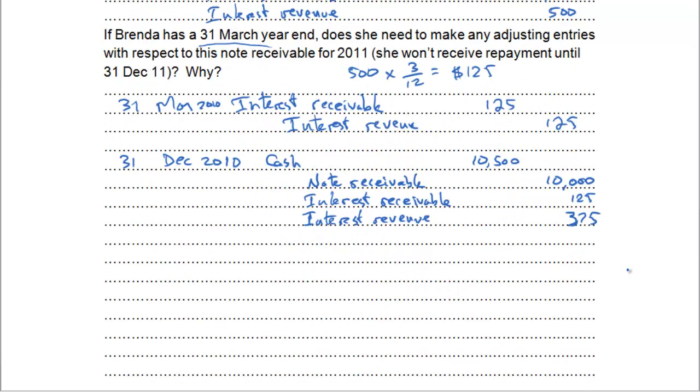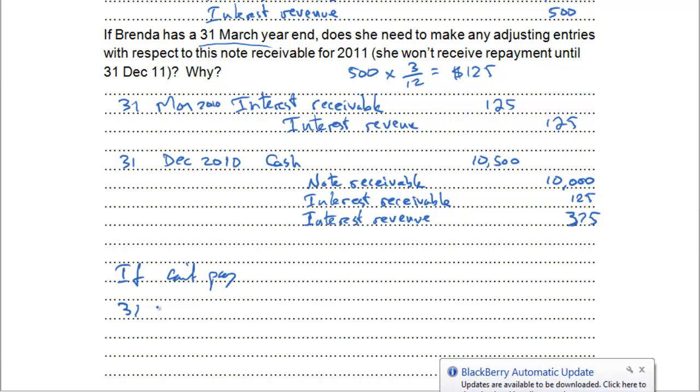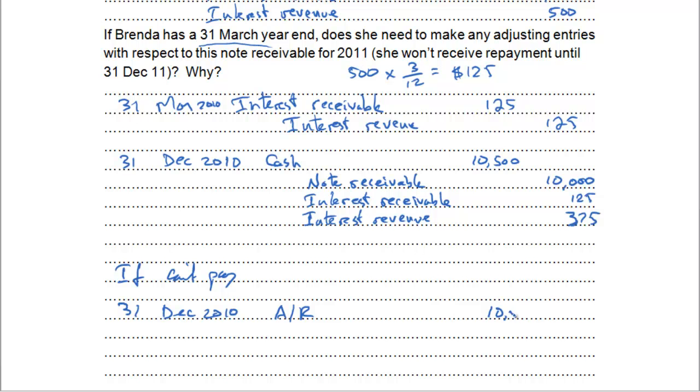Then, on the 31st of December, if they don't pay, we reestablish a receivable in the form of an account receivable for $10,500 because we don't have the note anymore.